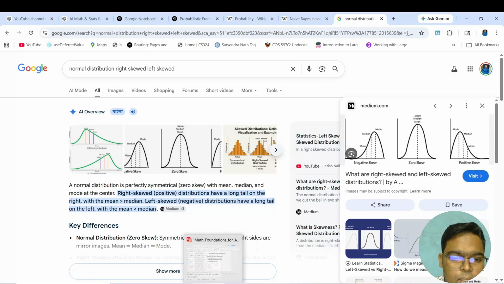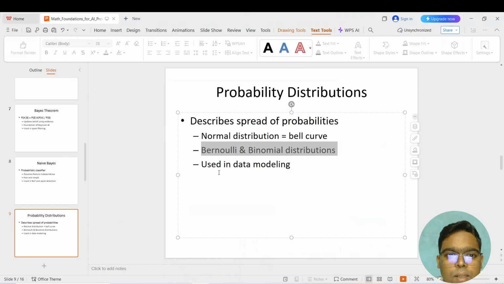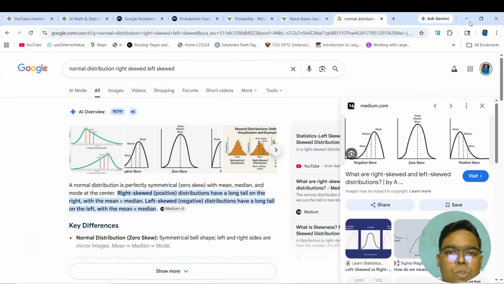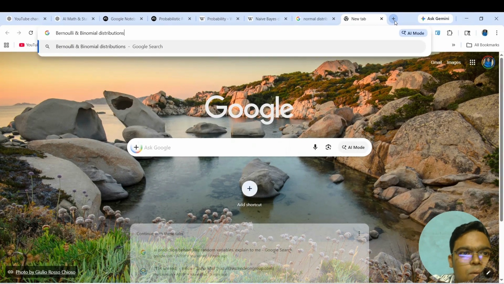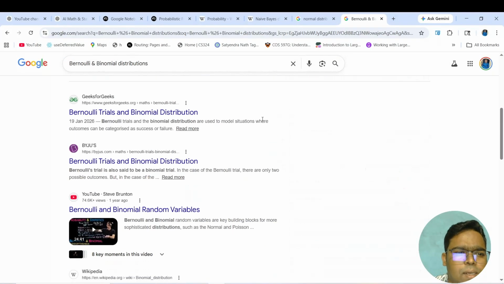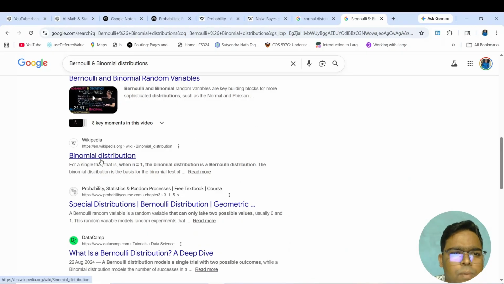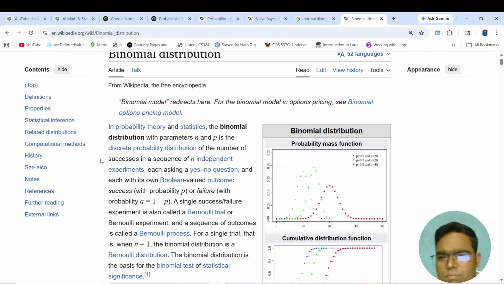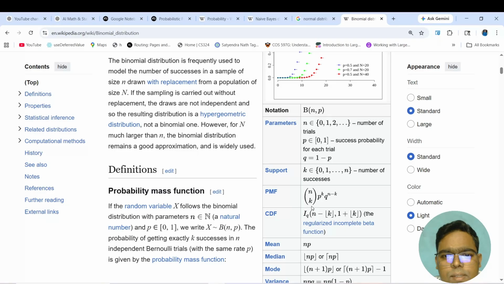Let's see the next one, Bernoulli and binomial. It's a simple thing. The binomial distribution is nCk times p to the power k times q to the power n minus k, where p is the probability of the event happening and q is the alternative.